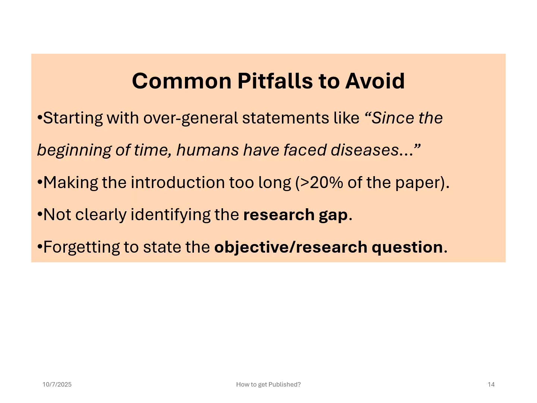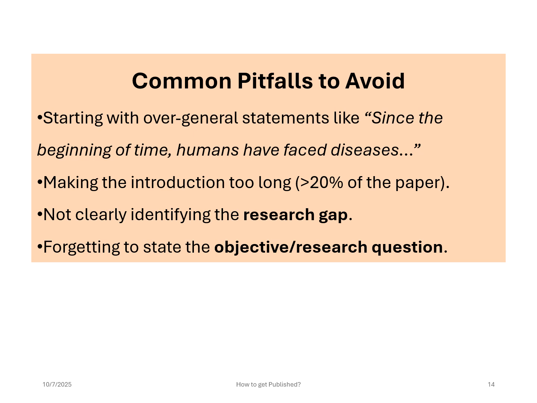So, common pitfalls to avoid, starting with over-general statements like "since the beginning of time, humans have faced diseases." This is not a good statement to start with or to write in the introduction. Making the introduction too long, more than 20% of the paper, is not advisable. If the paper is 2500 words, then the introduction should be less than 1000, usually 700 to 900 is enough.